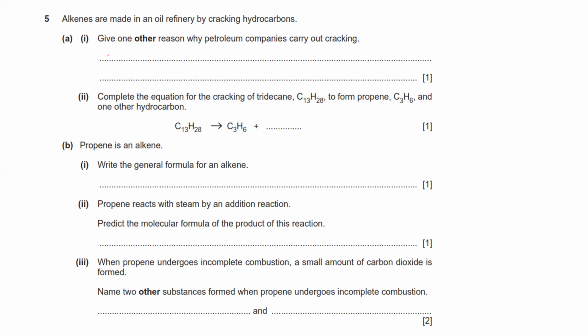So you can say make H2 gas or refine crude oil to generate useful fuel such as petrol.